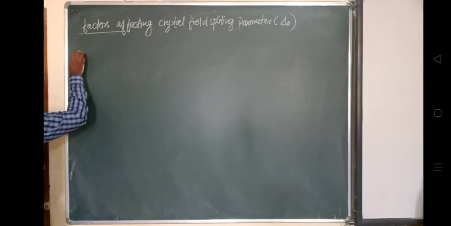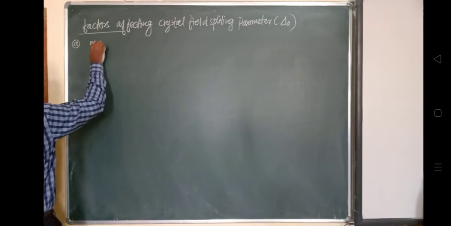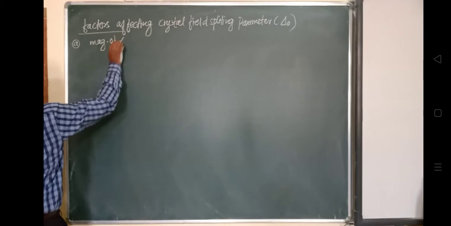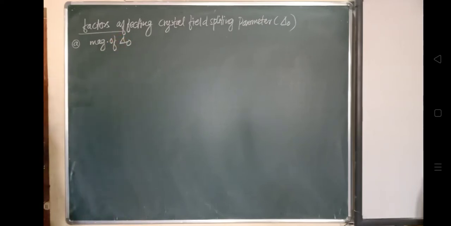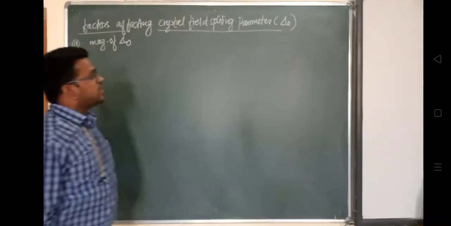So very first, the magnitude of crystal field splitting depends on the strength of ligands. I will not always write the full term, we will write down only delta naught.